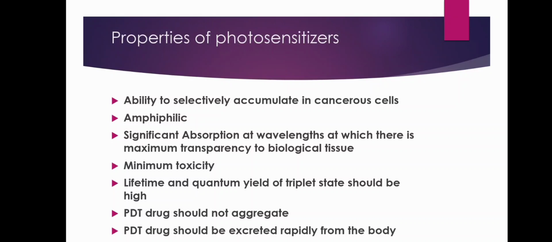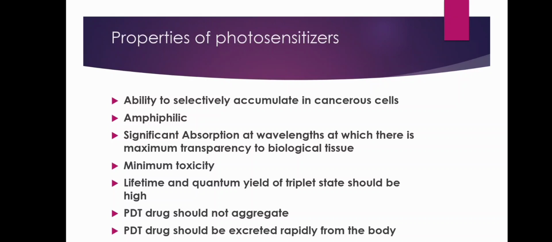That means the light source should provide light at a particular wavelength so that the PDT drug is activated as well. It promotes a deeper penetration to the cells. At certain wavelengths, the penetration depth will be very low. If that is the case, then we don't get enough energy to activate the drug. So deeper penetration as well as activation should be possible at the same wavelength.